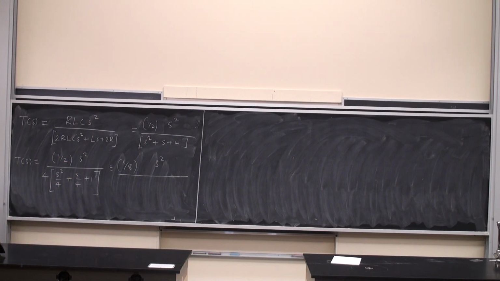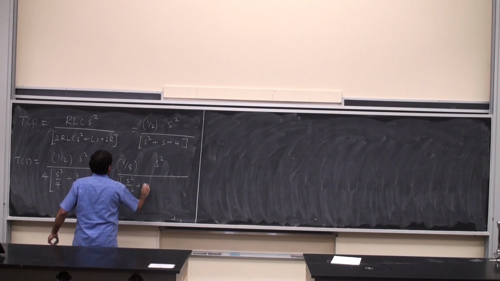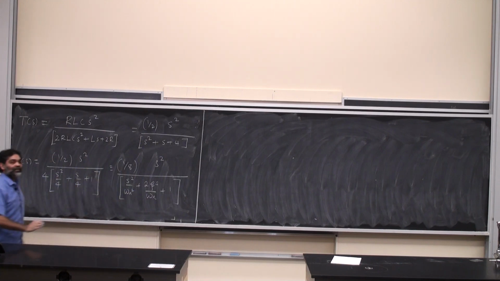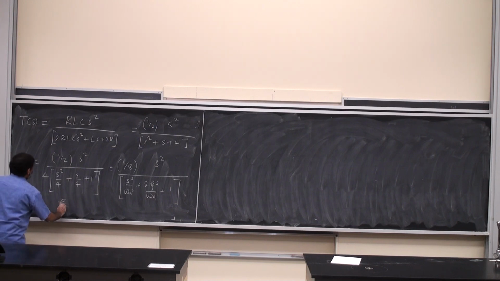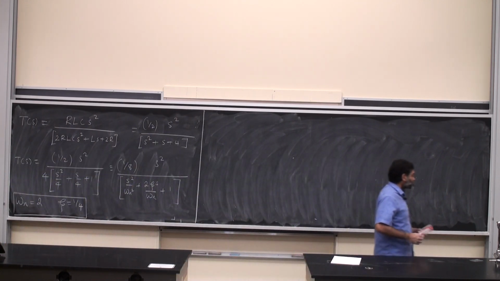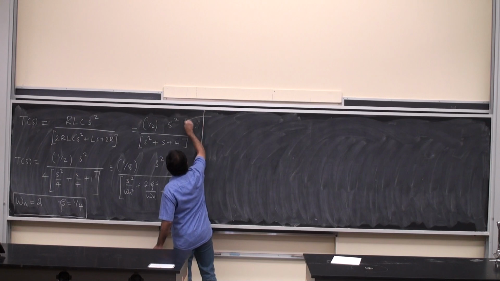I'm going to leave this as an exercise, but if you obtain omega n, which is 2, and if you obtain zeta, you'll figure out that this is essentially the same as S squared by omega n squared plus 2 zeta S by omega n plus 1. Okay? So here omega n is 2, zeta is 1/4. All the values check out, so we are good to go. This presence of S squared means that I have a repeated 0.